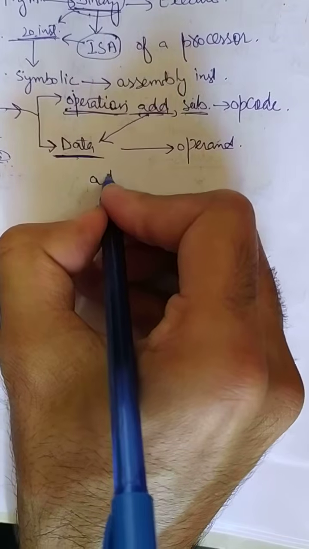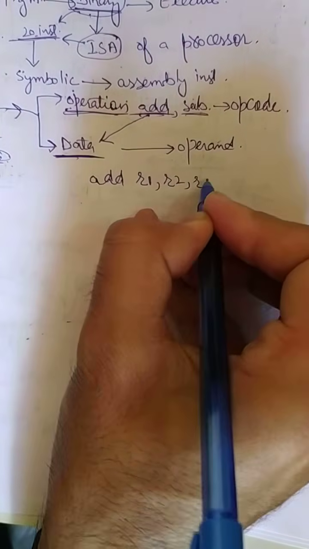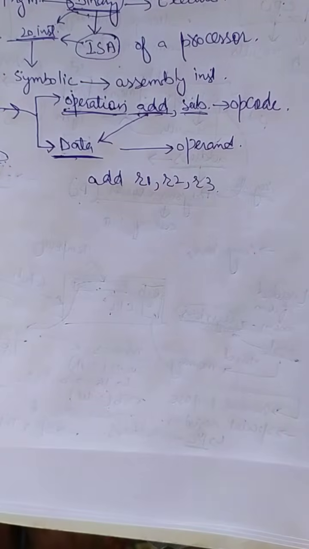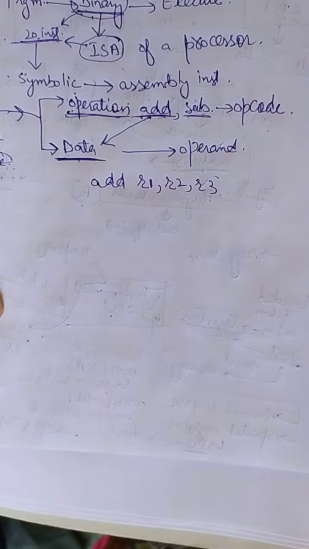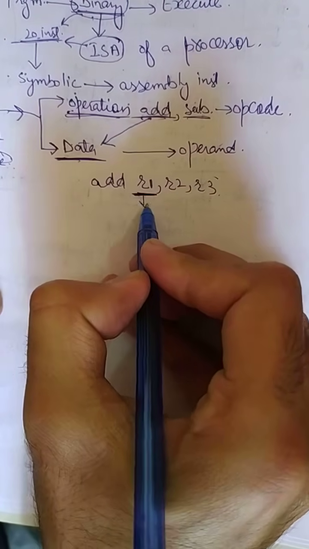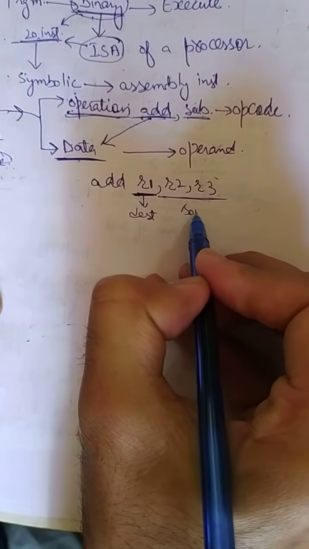So let me give an example here. For example, this is an instruction: add R1, R2, R3. This is an assembly instruction belonging to some assembly language. So every assembly language has a different format. So here we will assume that in our assembly language, which we are assuming in this course, the first operand is always the destination, and the other operands are the source operands.